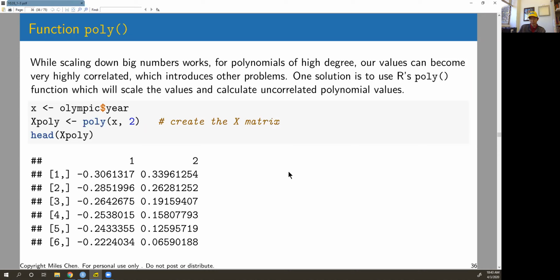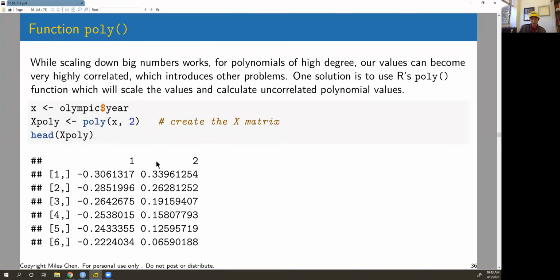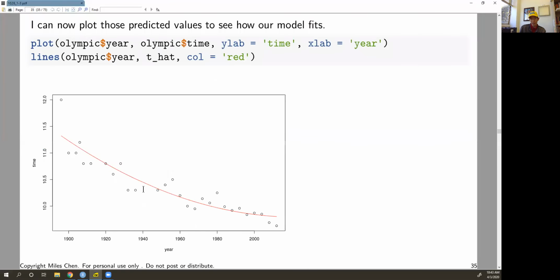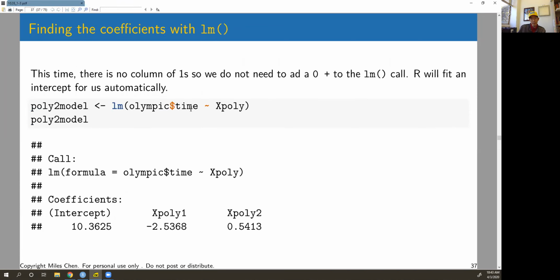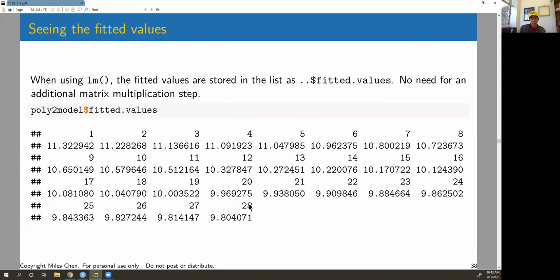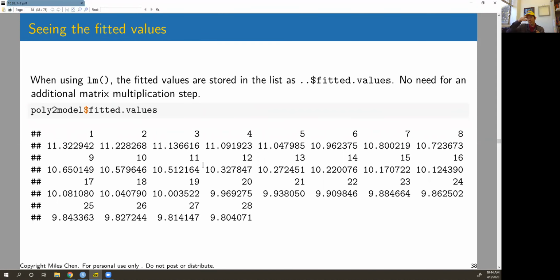So this is an option, and basically the relationship between this column and this column of X squared values is that we've just subtracted a term and multiplied by some scaling value, okay? And so you can fit the linear model to some polynomial, which in our case is a second order polynomial. We're going to get this, and we can still produce the fitted values. And if I were to plot this, I would get the same fit.